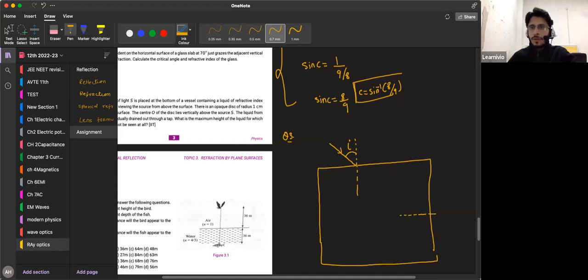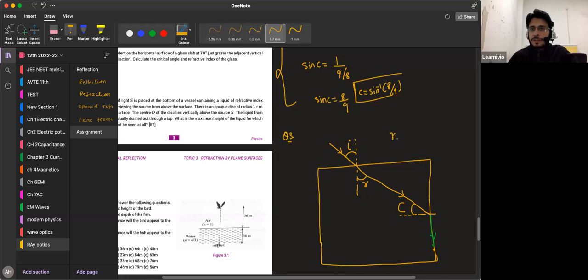The ray will get refracted. This is the angle of refraction. The ray will get incident here, and he's saying that the ray is grazing over this adjacent surface. He's asking you to calculate the critical angle of the system and also the refractive index.